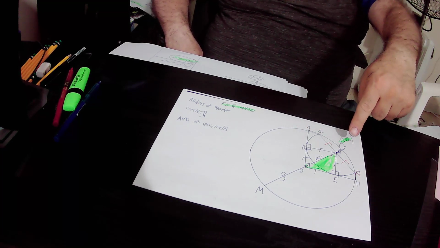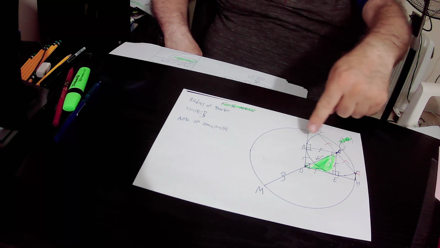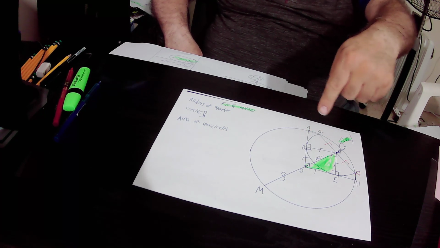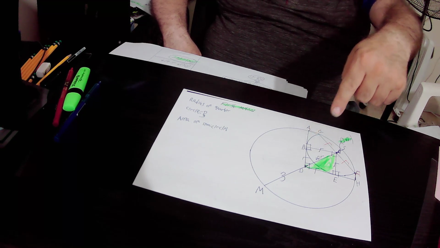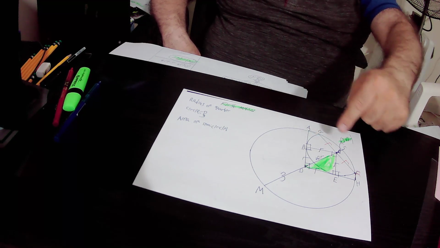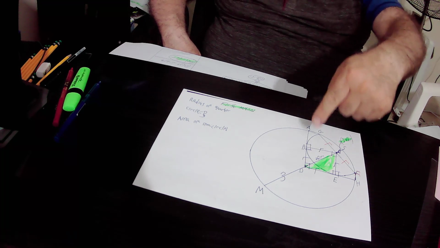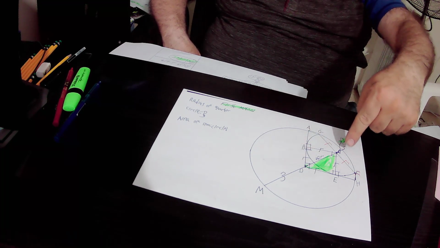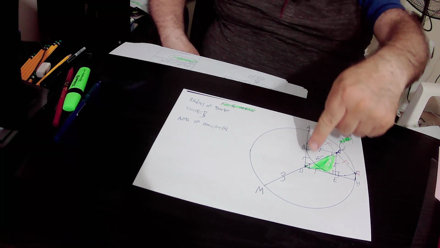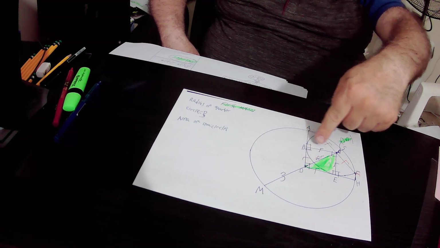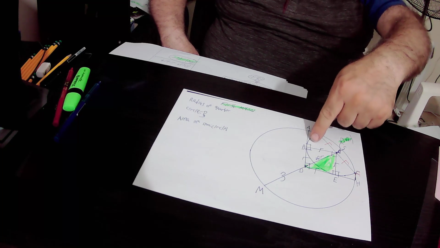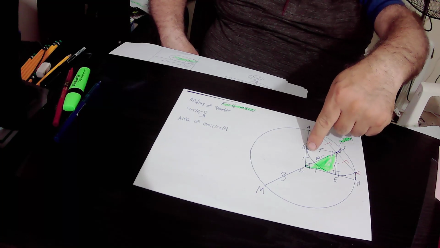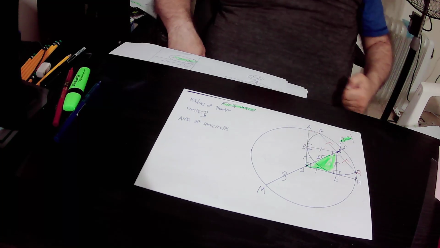Whenever you have a radius drawn to the point of tangency, the tangent will be perpendicular to this radius. That is to say the tangent AO will be perpendicular to the radius BC. So AO is perpendicular to BC, that is to say this angle equals 90 degrees, and this angle will also equal 90 degrees.